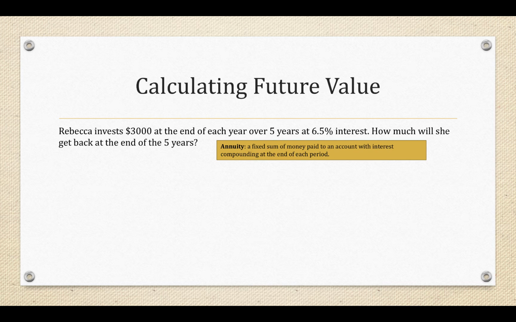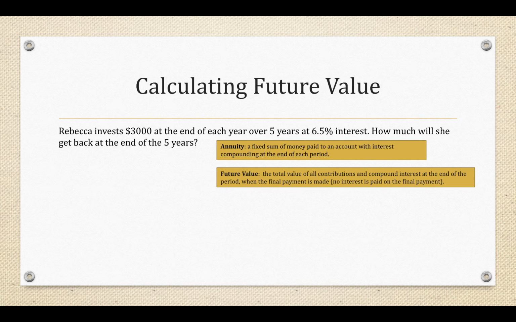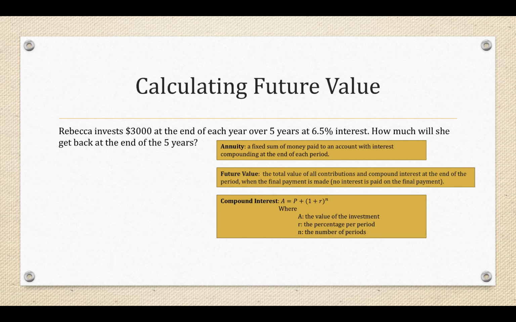So that end point is important, and you'll see why when we work through this question. The future value is the total value of all contributions and compound interest at the end of the period when the final payment is made. What's important here is that no interest is paid on that final payment because it's paid at the end.